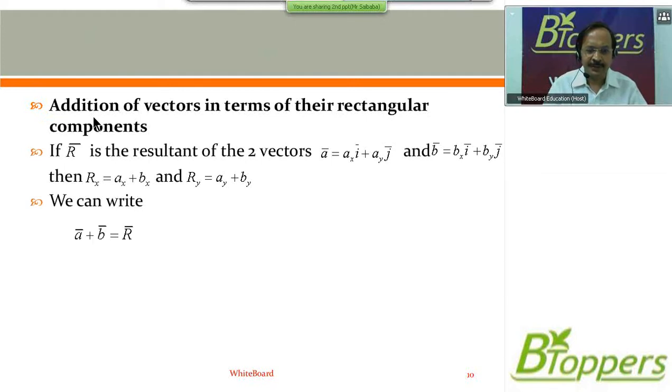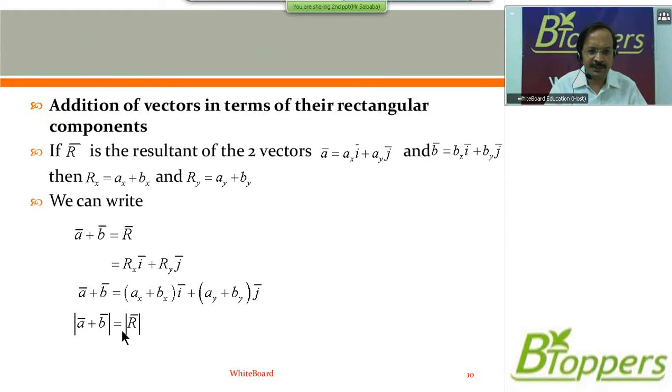So we can write A bar plus B bar equal to R bar. And R bar can be written as Rx I bar plus Ry J bar. We can write Rx equal to AX plus BX and Ry equal to AY plus BY. So A bar plus B bar can be written as AX plus BX into I bar plus AY plus BY into J bar.